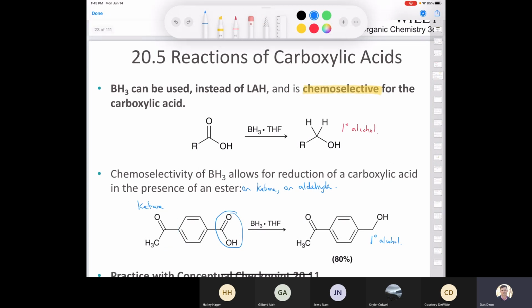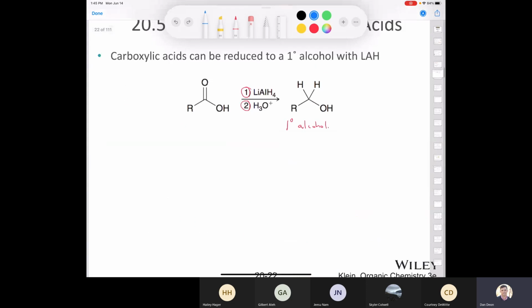We looked at ways of masking ketone functionality as an acetal, but there's none of that required here. So again, we've got a couple of ways to reduce to an alcohol. We can do it with lithium aluminum hydride followed by aqueous acid, or we can take the carboxyl group and just treat it with borane THF, and that will do the same thing. That will give us a primary alcohol.